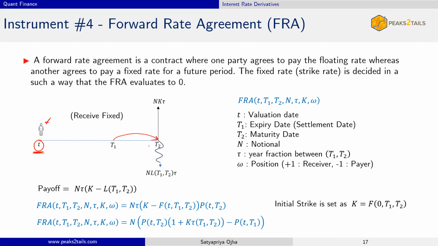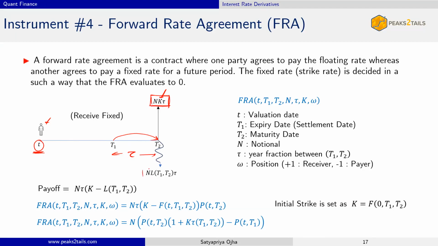Okay. There is a rate between T1 and T2, which is in future. One guy tells you that I will give you a fixed rate K. There is some notional N times K times the period applicable, tau. So naturally the interest payment that you'll get over the period is N times K times tau.